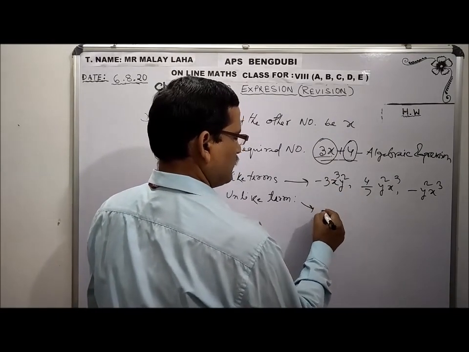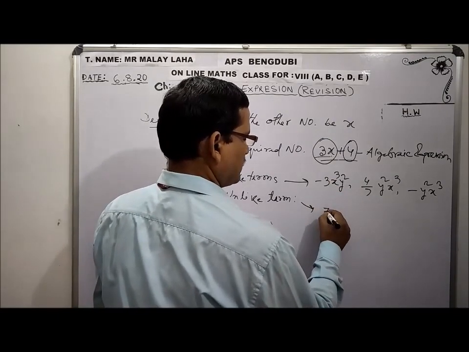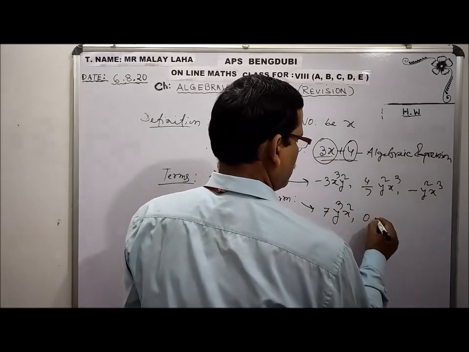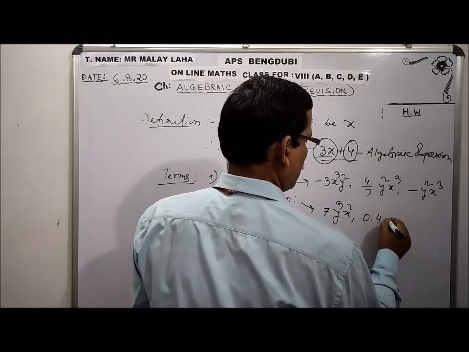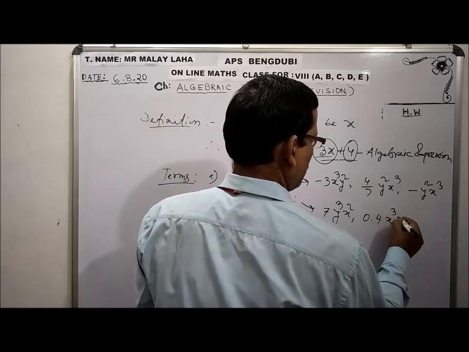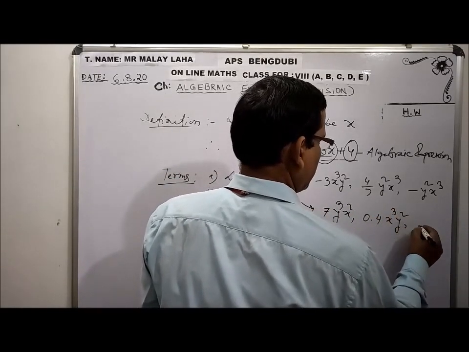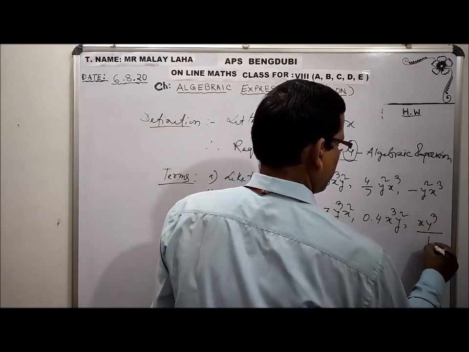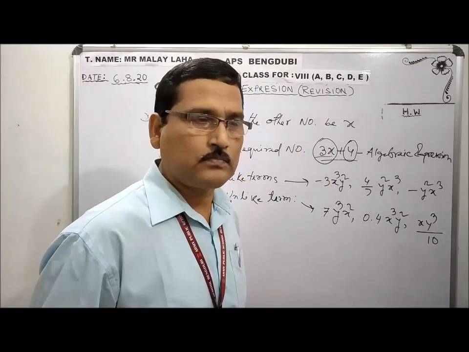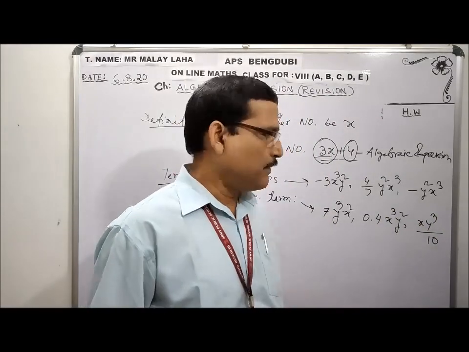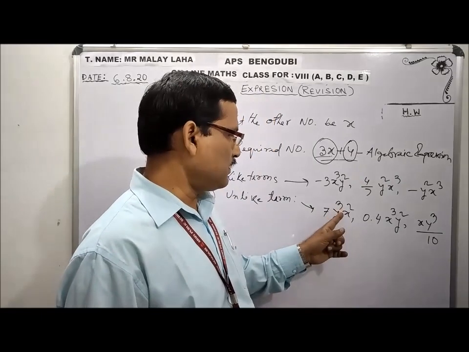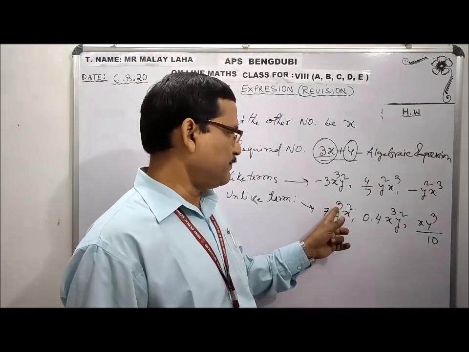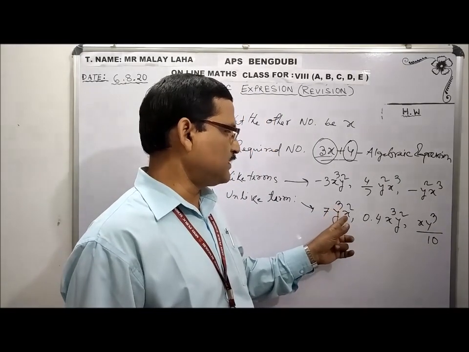In the other case, these are all like. And in the other case, you see 7y cube x square, 0.4 x cube y square, then xy cube by 10. These have x and y, but you see the power of the variables: in the first expression, the power of y is 3 and x is 2.